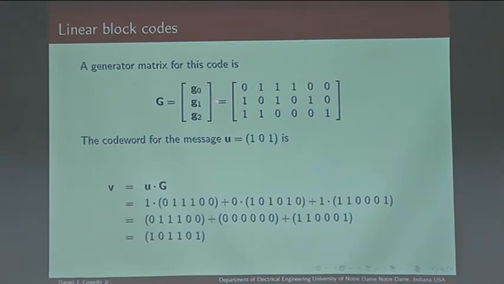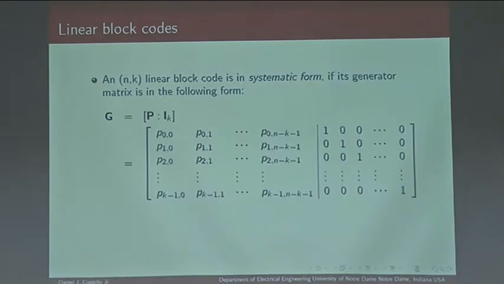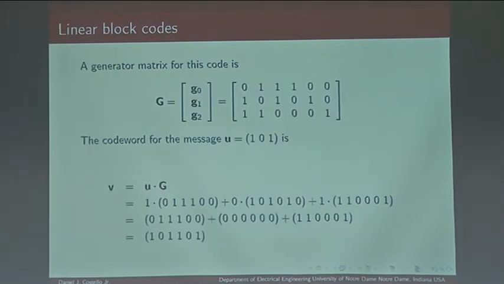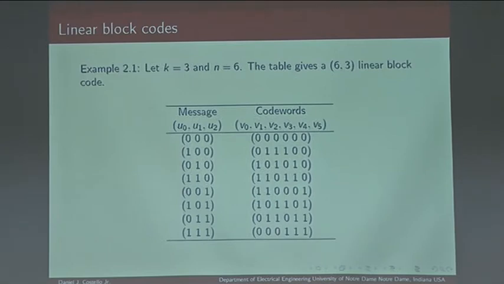And for each of the possible 3-bit sequences, you can write down the code word, and you could work otherwise starting with this matrix, and say you take the message 101, that's going to say we add the first and the third rows, which means we're going to get 101, 101. So if we go back to our table, here, the message 101 gives us the code word 101, 101.